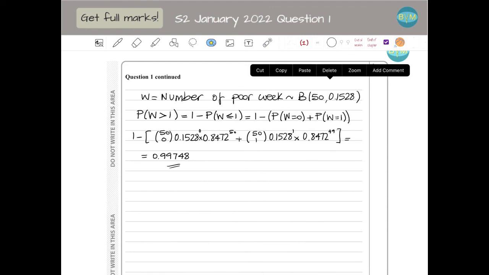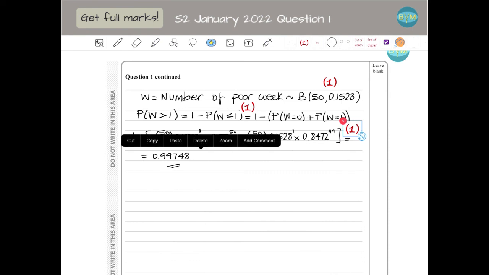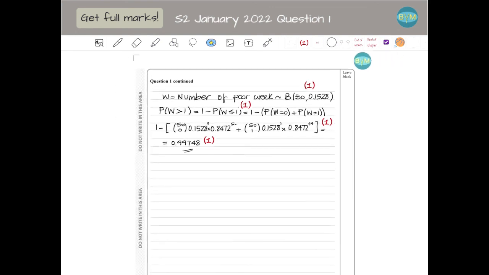The second mark is for the method, so for saying that the probability of greater than 1 is 1 minus the probability of smaller than. Then the other mark is for this whole method, for using the formula and substituting correctly. And the last mark is for the final answer. So 1, 2, 3, 4 marks. And this is C.